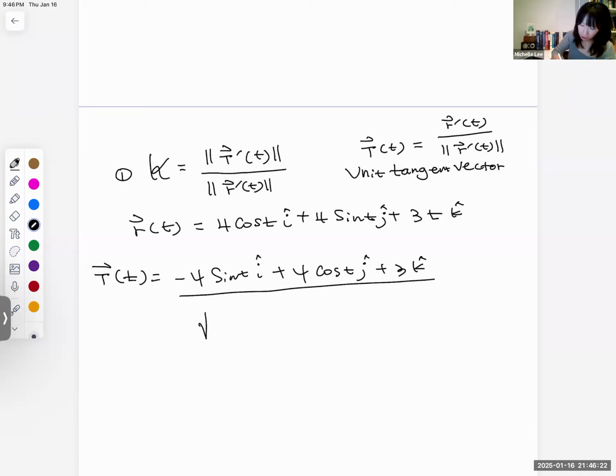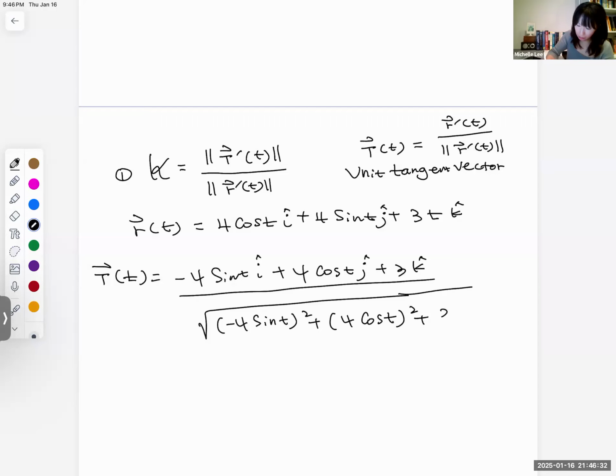Over square root of negative 4 sine t squared plus 4 cosine t squared plus 3 squared, right?